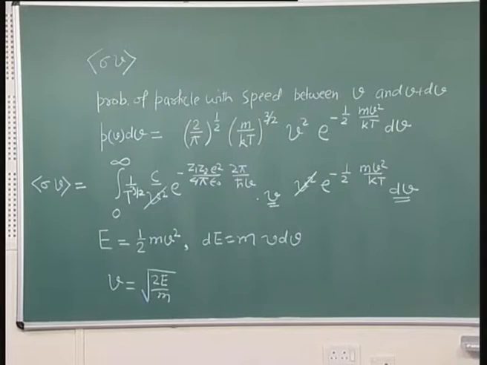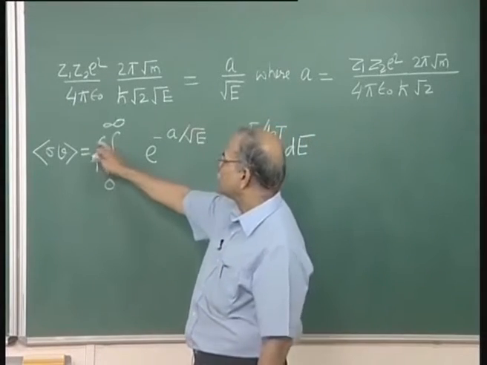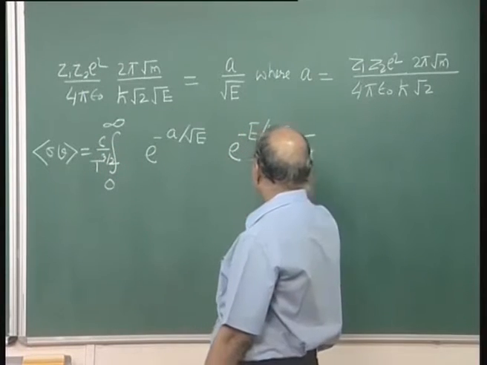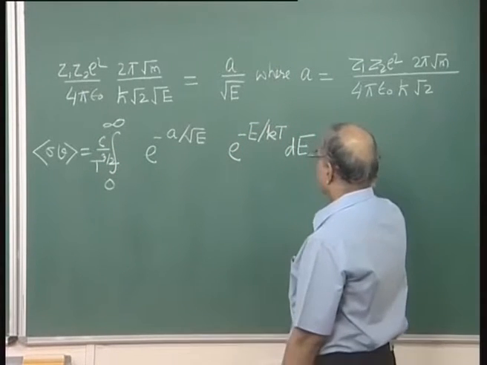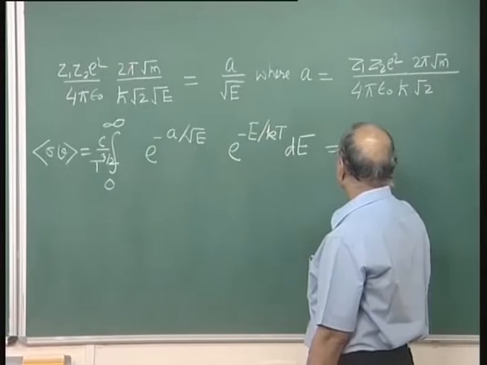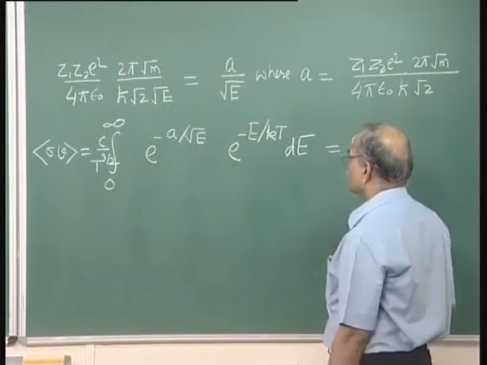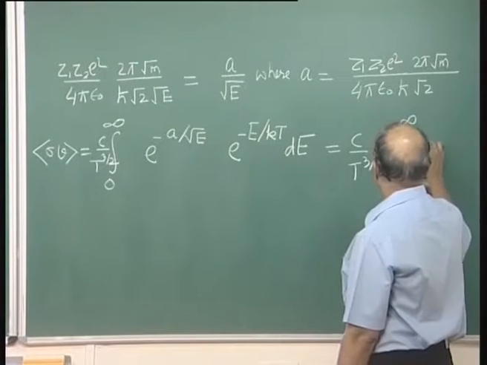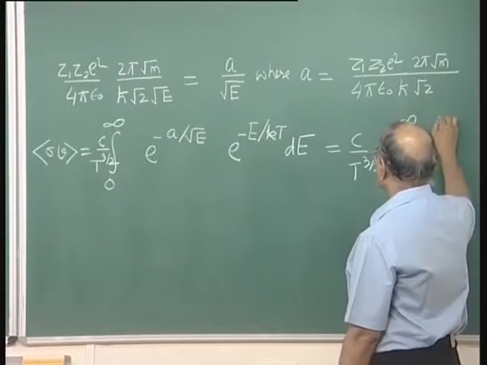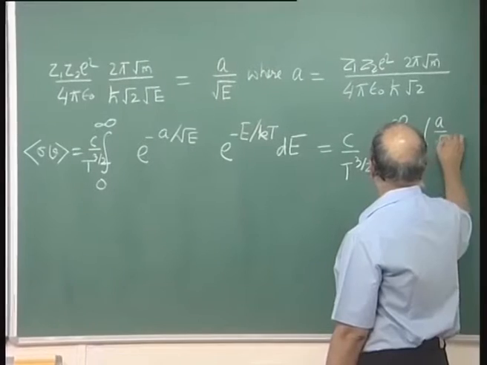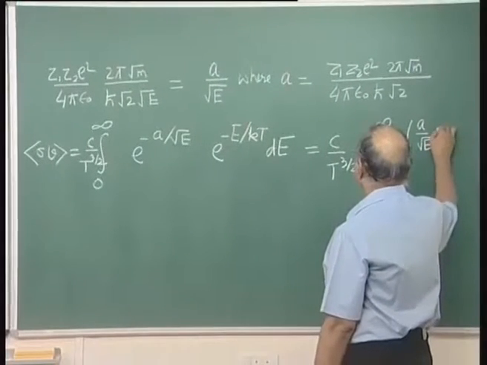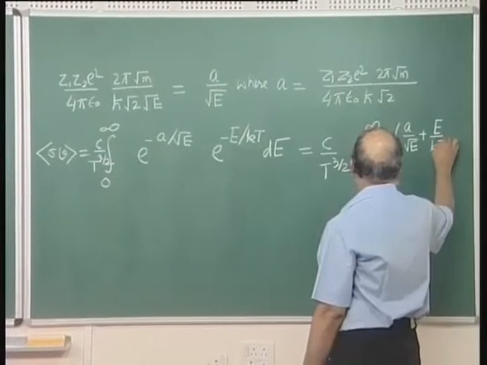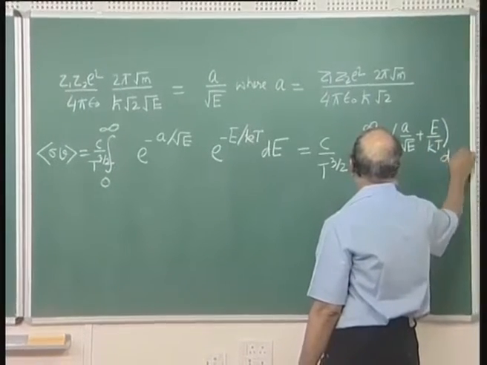So, d E here, m I am not putting, gets absorbed into this c here. So, this is the expression, c by t 3 by 2, integral from 0 to infinity e to the power minus a divided by square root of E plus E divided by k t, d E.